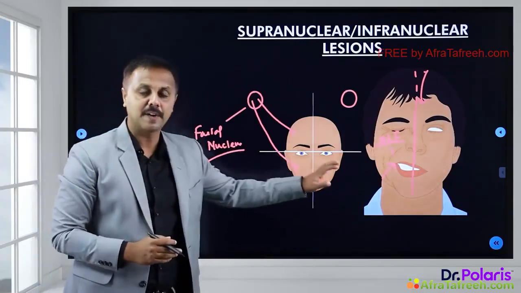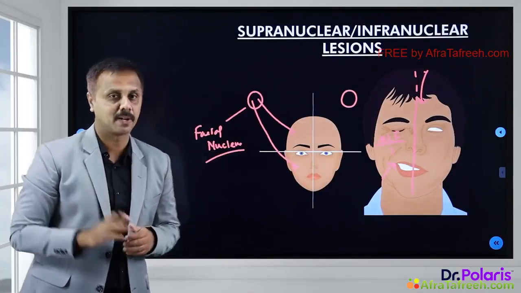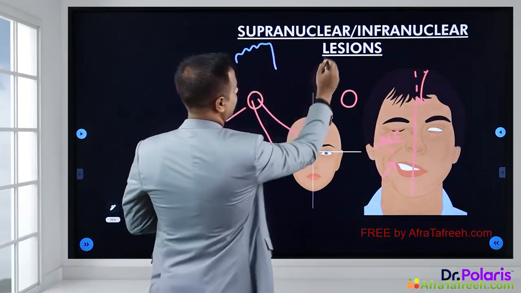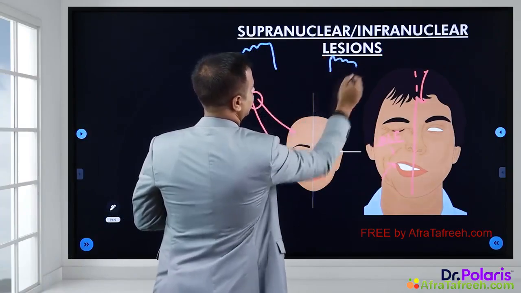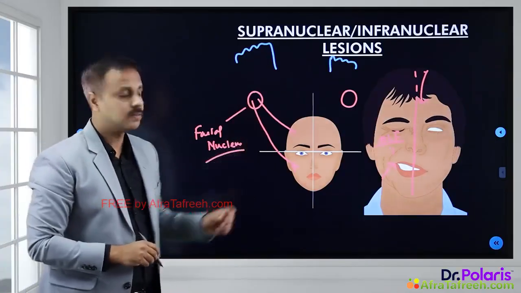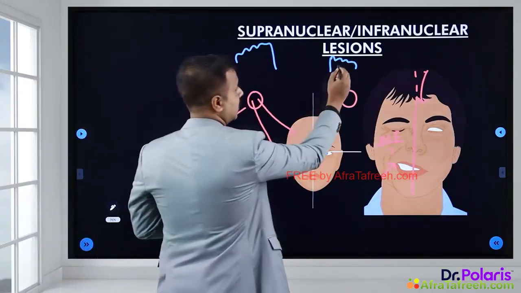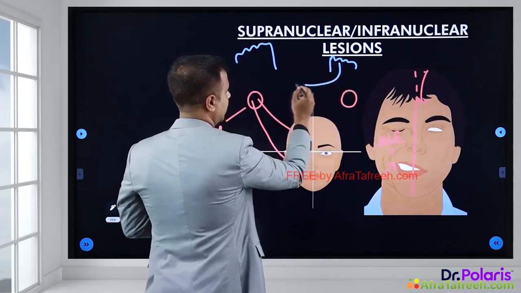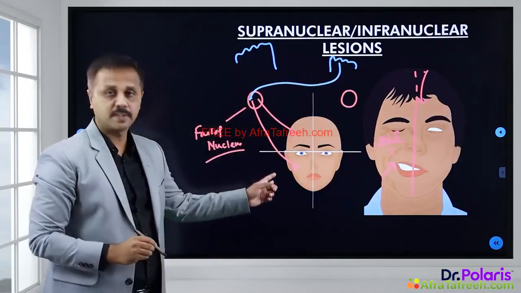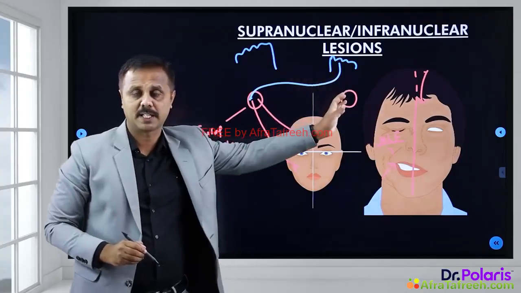Now these fibers have to be controlled by the upper motor neurons which are present in the cerebral cortex, right? So let's draw the right-sided cerebral cortex, and let's imagine we have the left-sided cerebral cortex. Now, as we know, these lower motor neurons are always controlled by upper motor neurons of the opposite side. For example, the lower motor neurons of the right facial nerve are controlled by upper motor neurons of the left cerebral cortex.